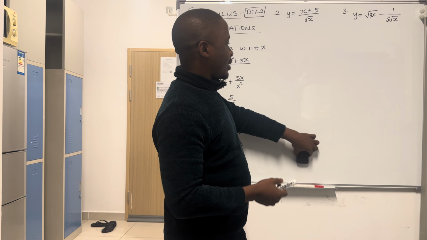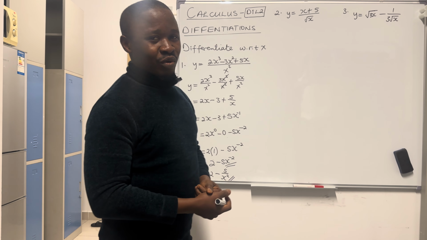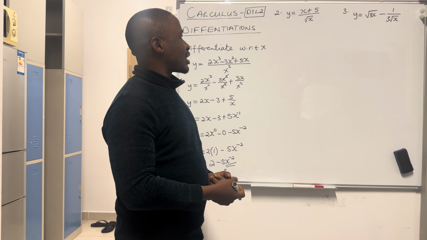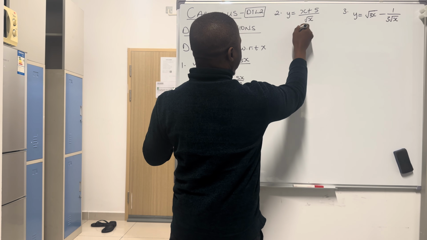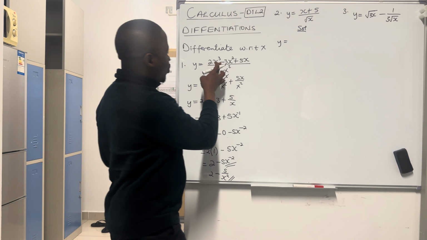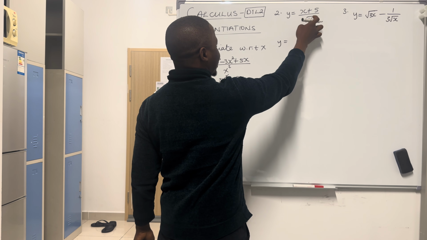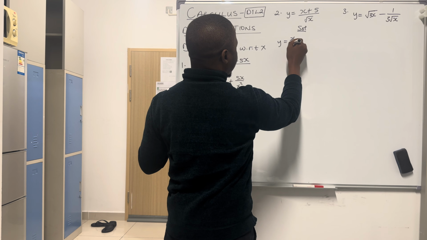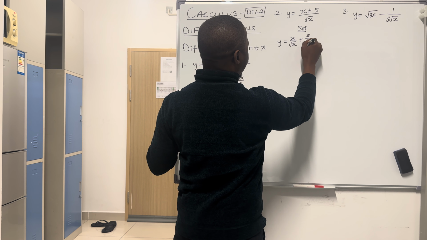The second one is here. We have a denominator that contains a variable x. So the first thing we do, just like what we did here, is separate the denominator. So this takes this, and also this one here.